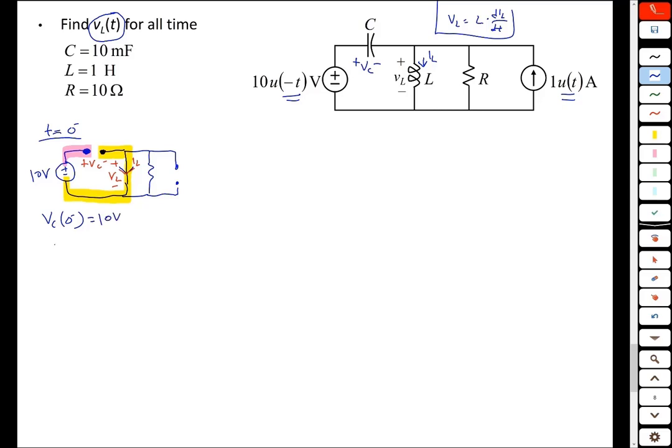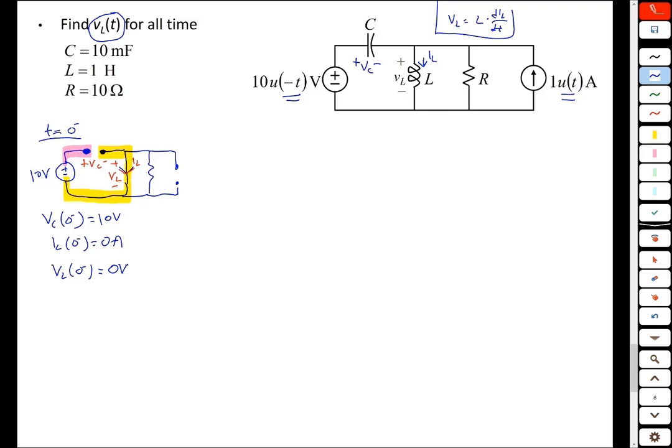IL of 0 minus is going to be 0 amps, because of the open circuit, no current can flow. Likewise, VL of 0 minus, because the inductor is short-circuited, is going to be 0 volts.